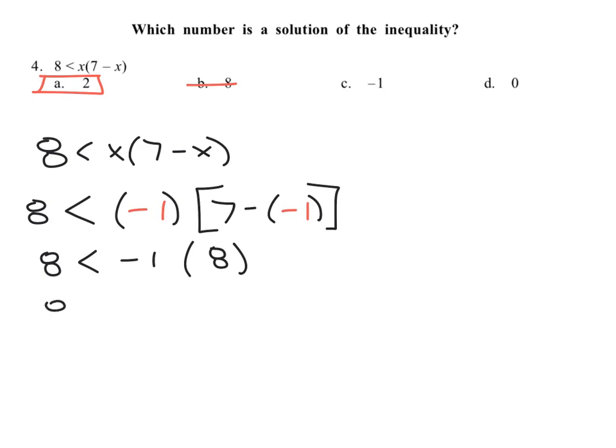Okay, and now we've got negative 1 times 8. That's negative 8. Is 8 less than negative 8? Nope, that was the same thing we got in the other one with a different value. Can't be that one. And we've got one more to check.